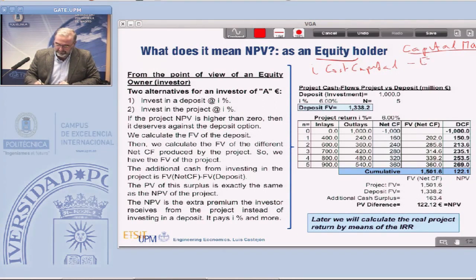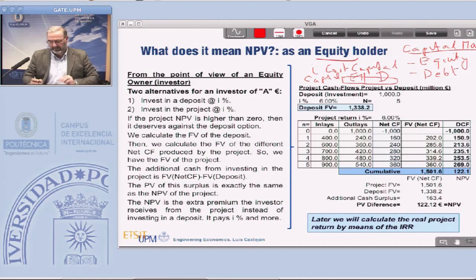This is the equity, the shareholders' money, and also from the debt providers like banks and so on. At the end, the company will have a structure of its capital composed of an equity portion, and another portion will be debt.